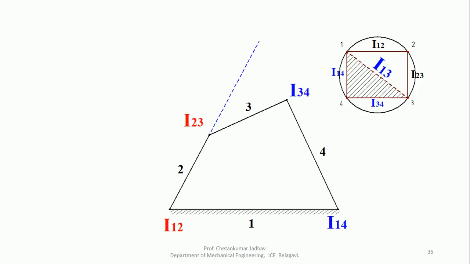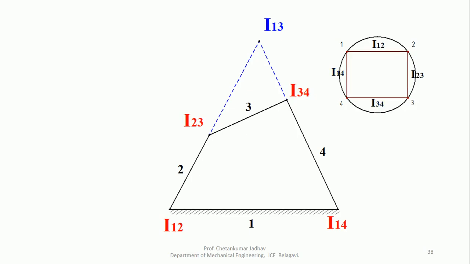Then draw a dotted line passing through I14 and I34 as shown in the figure. Therefore, the instantaneous center I13 lies on the intersection of the line joining points I12, I23 and I34, I14 as shown in the figure.